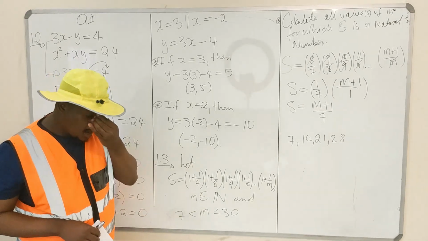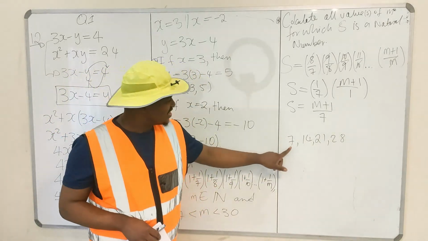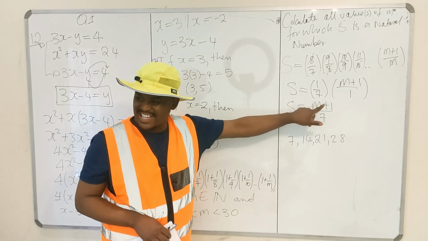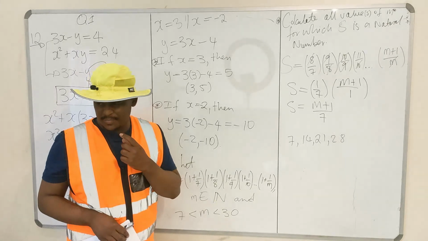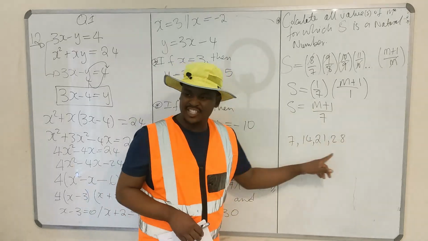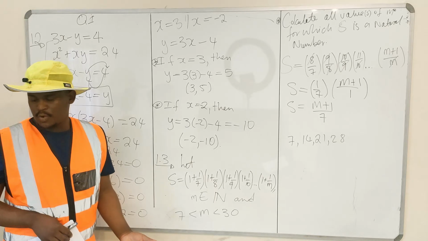Do you understand? But what you see here, these are not your m's. These are m plus 1s. They are things that are divisible by 7. You understand, Manti? Do you understand me? These things are not m's, but are things that are divisible by 7 on that interval that we gave. Do you understand?